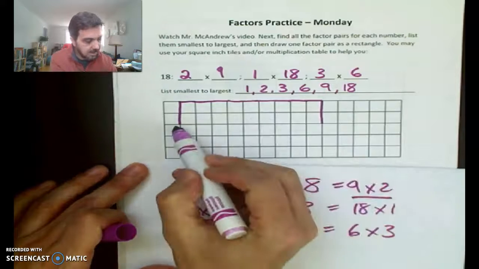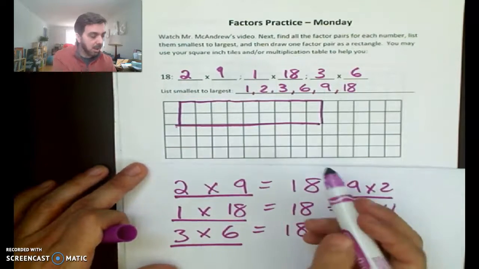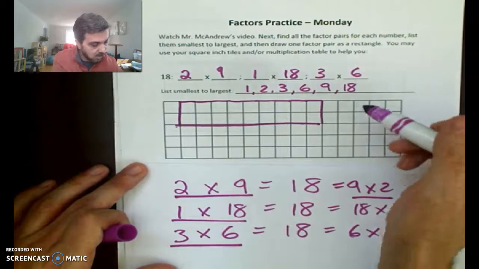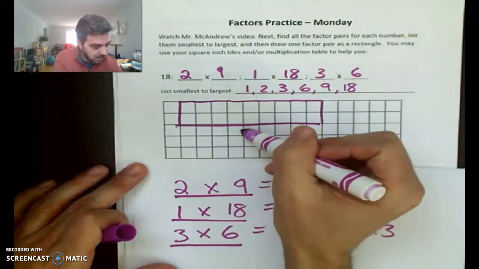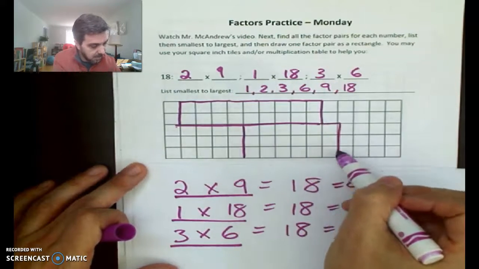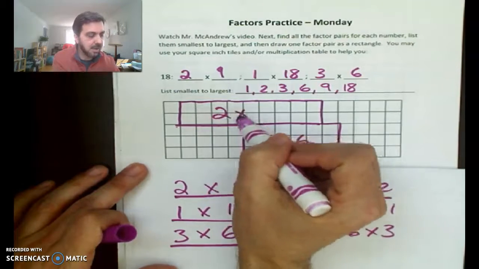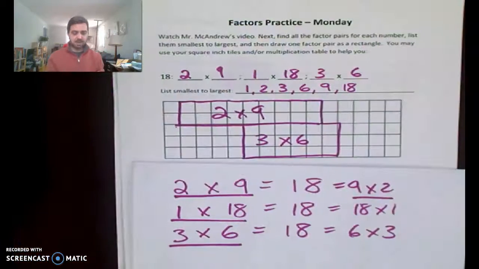Could look like this. Okay, that could be the rectangle that you draw. Or it could be 3 by 6, which would look like this. 1, 2, 3, 4, 5, 6. So this is 3 by 6, and this is 2 by 9. Okay. I don't think 1 by 18 will fit on here, so you have to do one of those, okay?